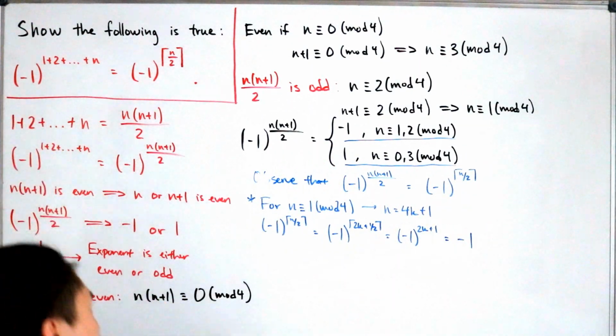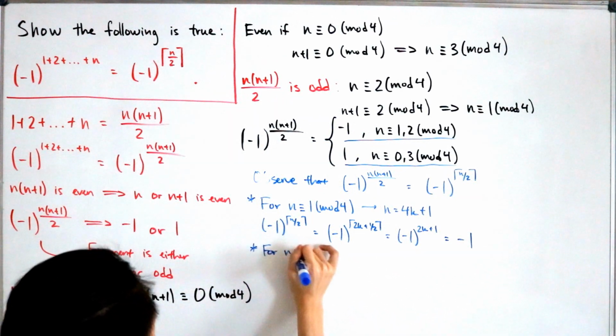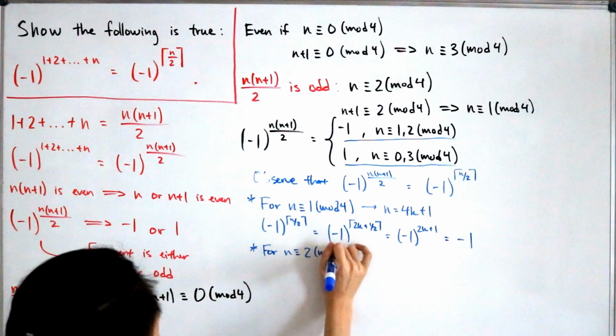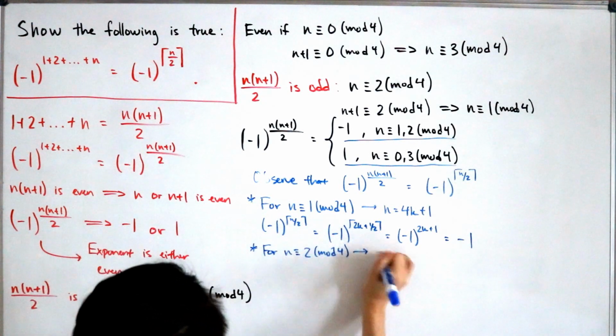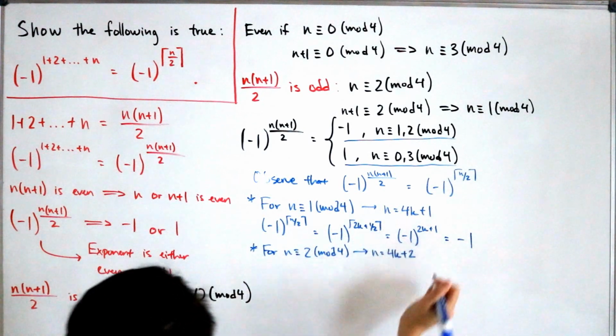Let's move on to the remaining cases. Now suppose n is congruent to 2 mod 4. Again, just apply the same thing. We let n equal 4 times k and add the remainder of 2.